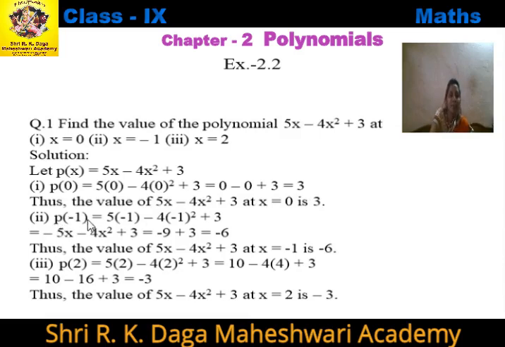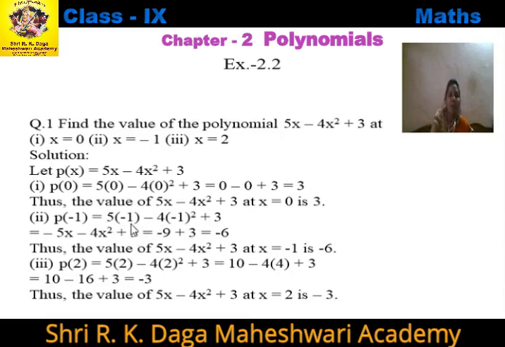Second, p of minus 1. At the place of x we have to put the value minus 1. So p of minus 1 equal to 5 into minus 1 minus 4 into minus 1 square plus 3.